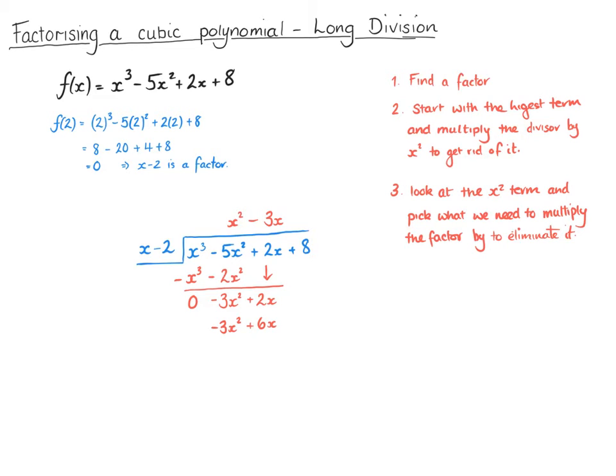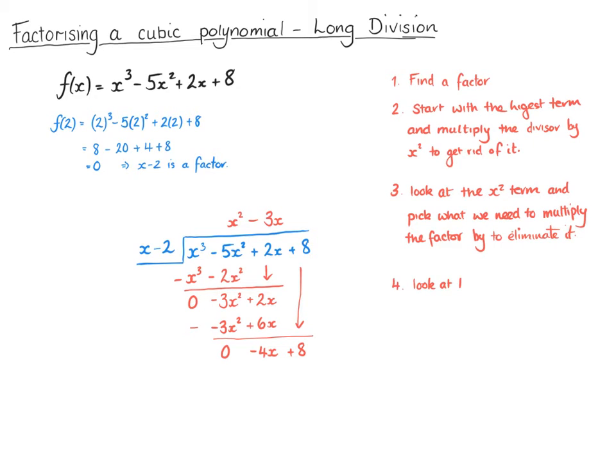Okay, right, so then to find our remainder for this bit, we take them away from each other. So when we're taking away negative, we add, which gives us a 0 here. And then we've got 2x take away 6x, so we've got minus 4x. And we carry down the plus 8.